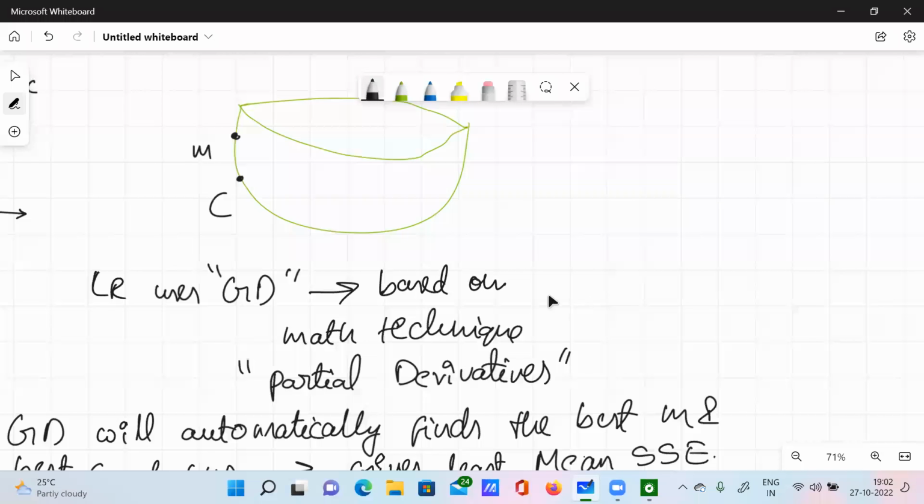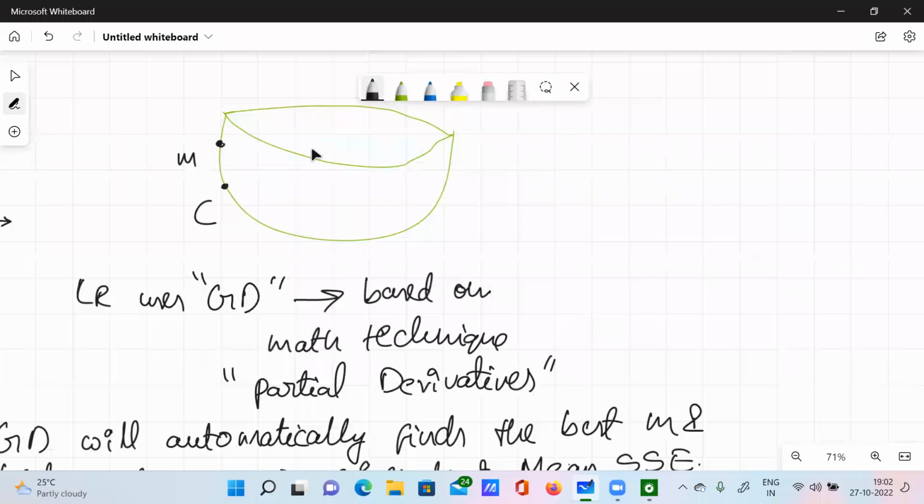Just look at this particular figure. Linear regression has already initiated random values for each of the M and C. I'm just drawing an arrow here. So linear regression has now used gradient descent. What will happen now?